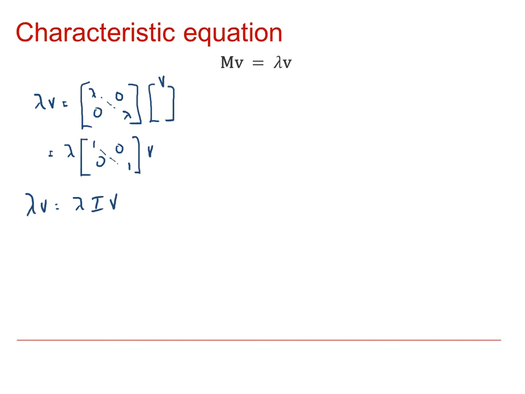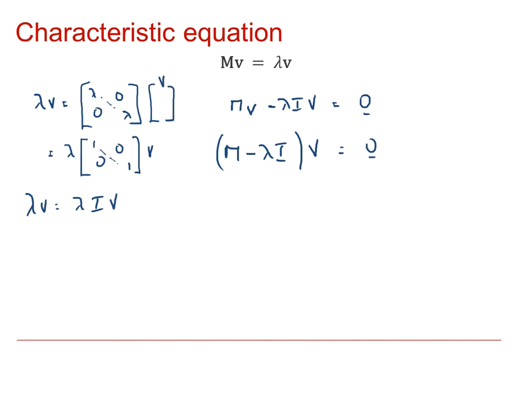Having got that idea, we can now subtract that from each side of this equation. So MV minus lambda IV must be equal to 0, the 0 vector. We can now factorize out of that the vector V, so we have that M minus lambda I multiplied by V must be equal to 0 vector.